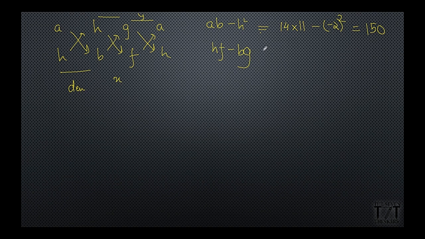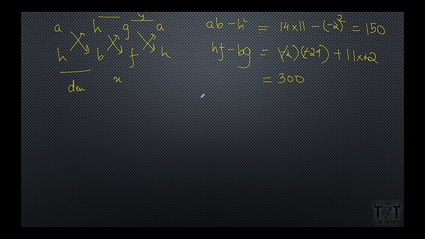So hf minus bg will be equal to minus 2 times, that is the value of h, f is minus 29, minus b is 11 and g is minus 22, which will make this as positive. So minus minus cancel. This is 58. 58 plus 242, that is equal to 300.